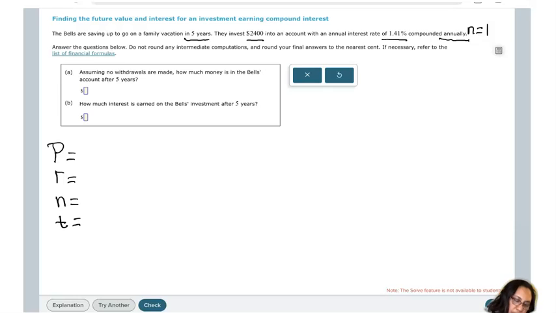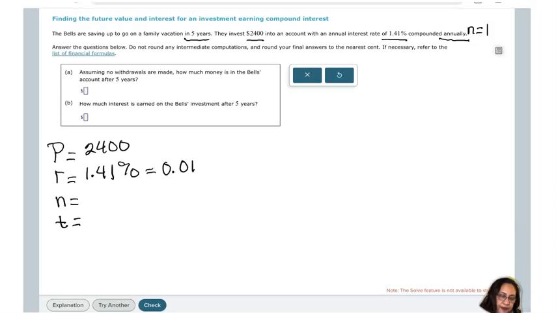So your principal is $2,400. And then remember the 1.41%. Oops, let me go back. Let me write percent next to that. And you just divide by 100 in order to get your decimal, and you'll end up with 0.0141.